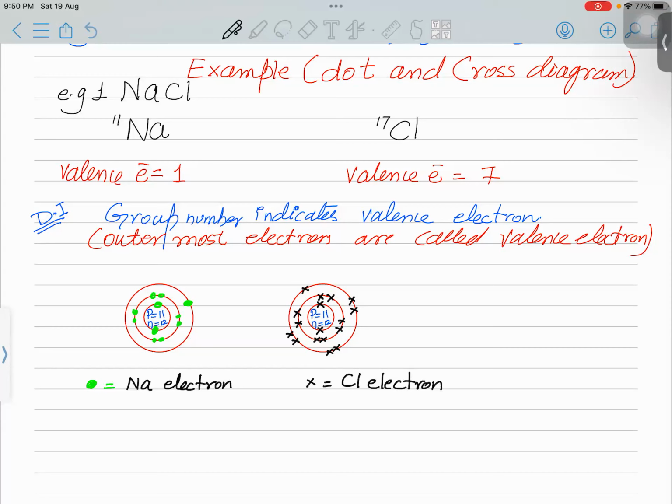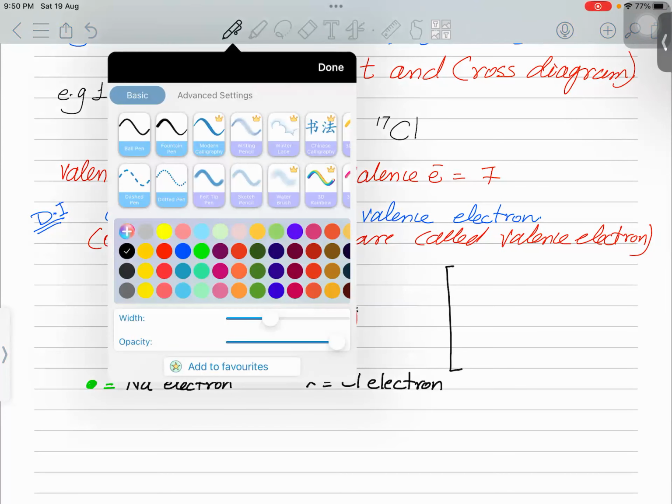Now, can you tell me the valence electron of sodium? 1, sir. Okay. So both are unstable. Can you tell me why? Because their outer atomic shell structure is not complete, sir. The outer shell is not completed.